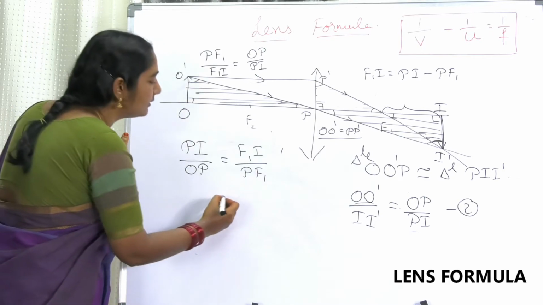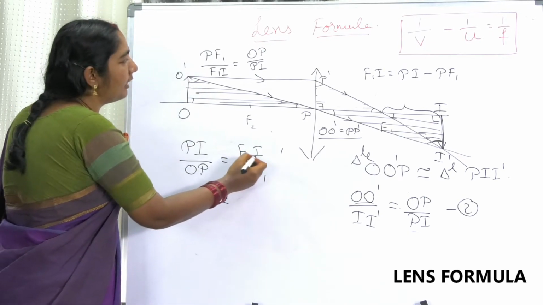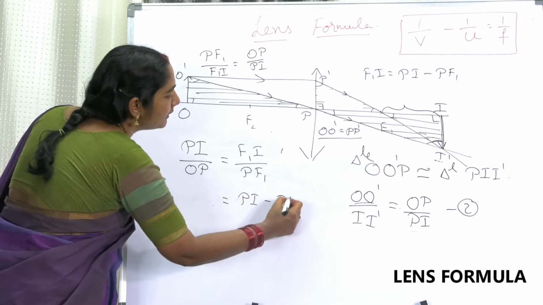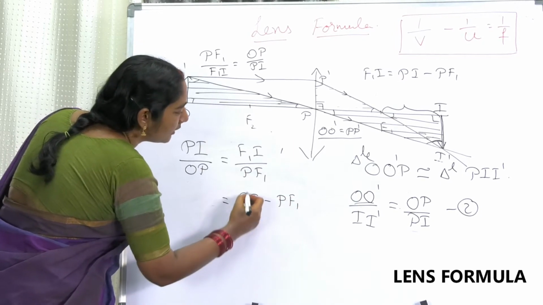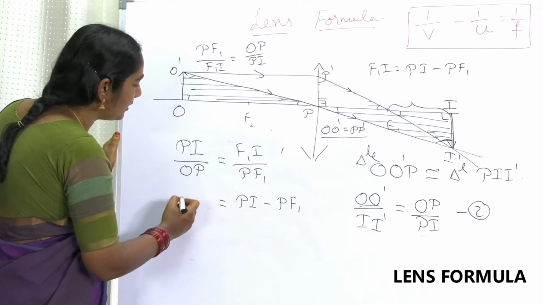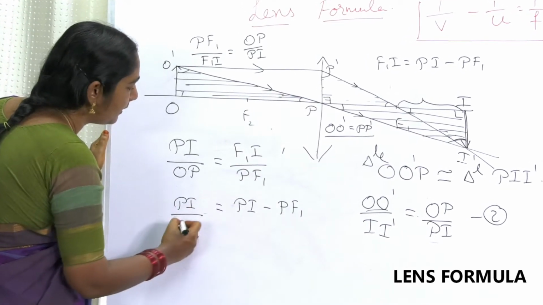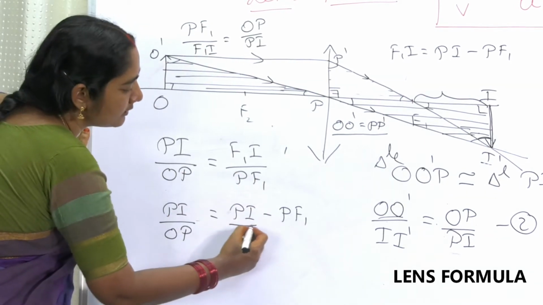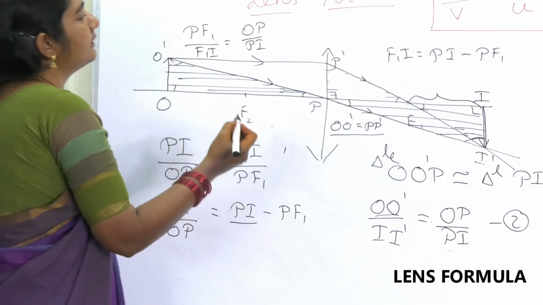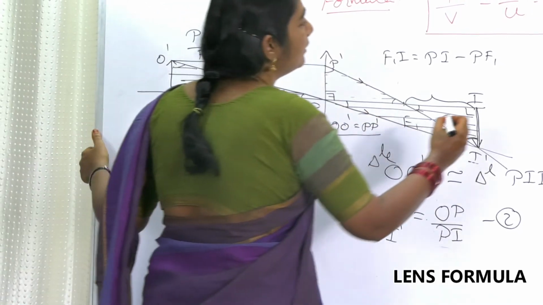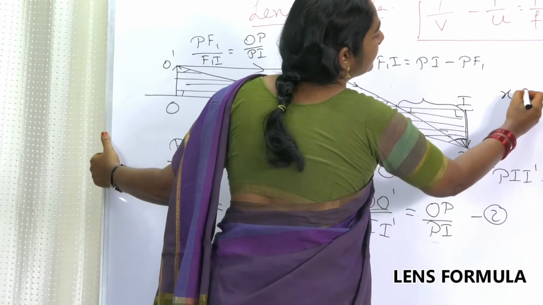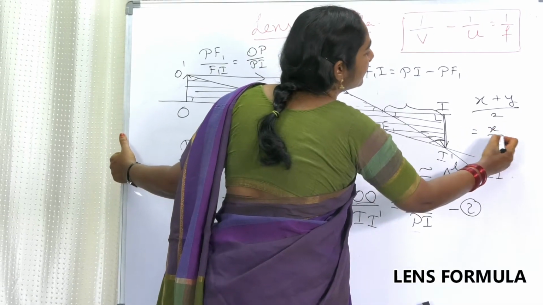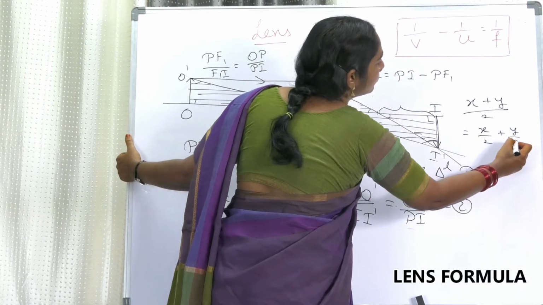So my dear friends, now I am replacing F1i by Pi minus Pf1. Okay. Now this is a denominator, that is Pi by OP is equal to this denominator. For example, if x plus y by 2 is there, you can write it as x by 2 plus y by 2.